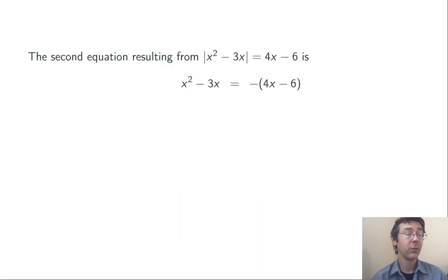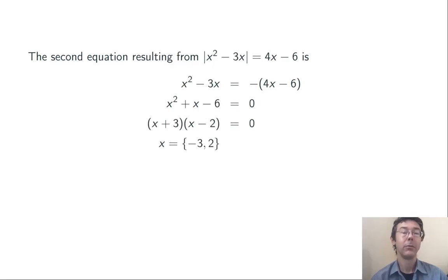The second equation that we get from this absolute value problem is x squared minus 3x equals negative the quantity 4x minus 6. We'll solve this the same way. Move everything to the left and combine like terms. Factor. And observe that the solutions have to be x equals -3 and x equals 2.